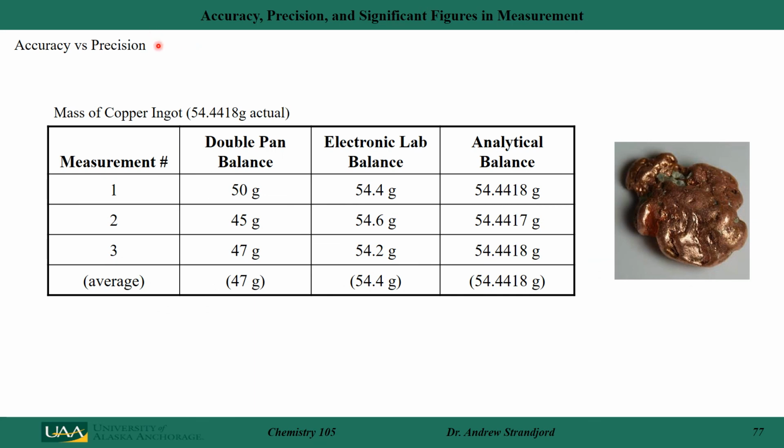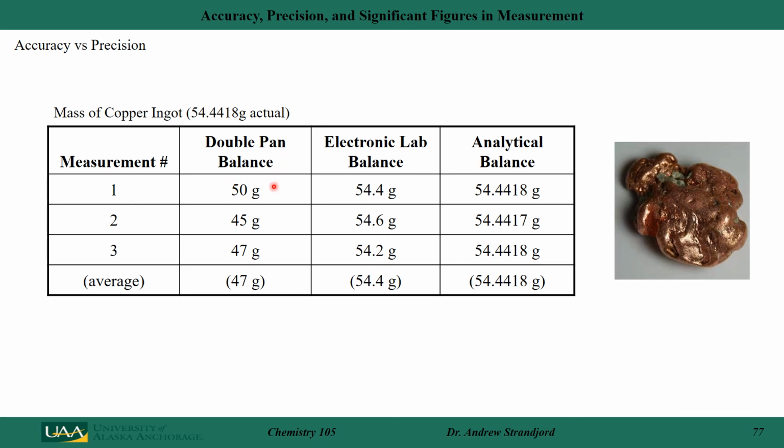Let's look at a real-world application in chemistry and look at the accuracy and precision of measurements. I have a copper ingot where I know its mass very accurately. It is 54.4418 grams. That's my true value. I'm going to use 3 different instruments to measure that mass, and I'm going to measure them 3 times with each instrument. So I take the double pan balance.